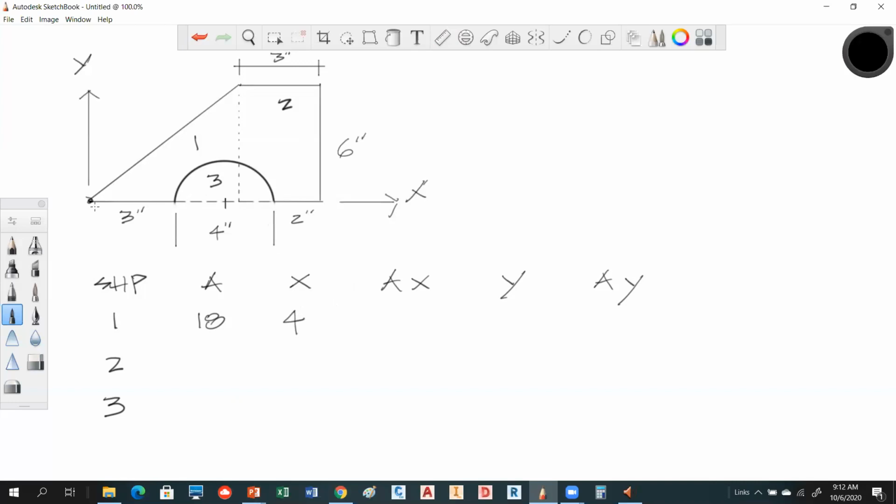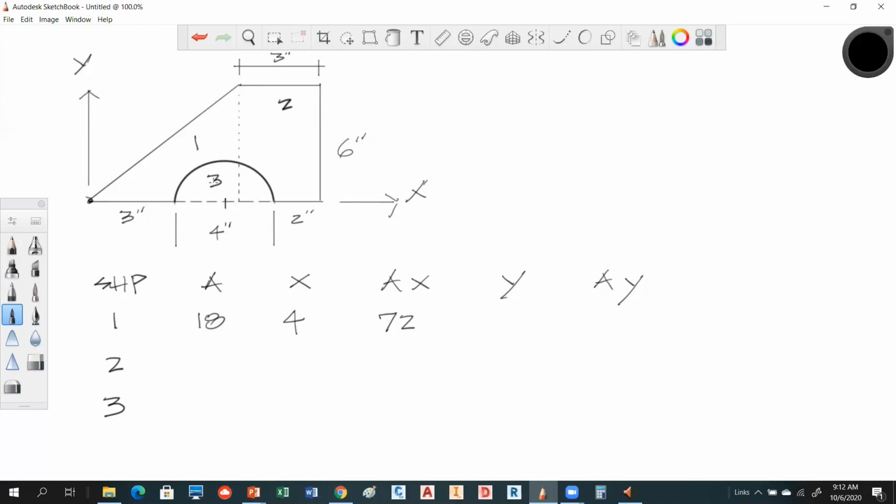That's the distance from the origin to the centroidal axis coming this way. 4 units. So 4 times 18 gives us 72. Not too bad, right? So what about going this way now? Since we're coming from the big end of the triangle, it's 1/3 from the big end, 2/3 from the small end.